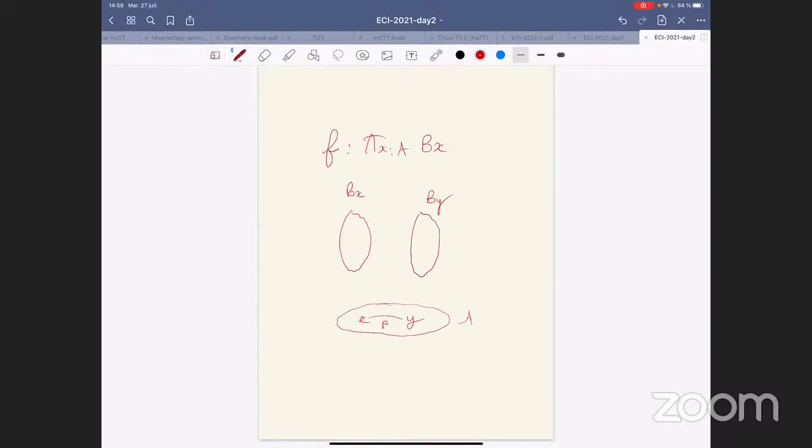So f of x is in B x. So here is my f of x. f of y is in B y. So here is my f of y. And you see here that it doesn't make any sense to write such a thing that f of x is equal to f of y, even if x was equal to y, because there is a path P of this type. This doesn't make sense, okay?